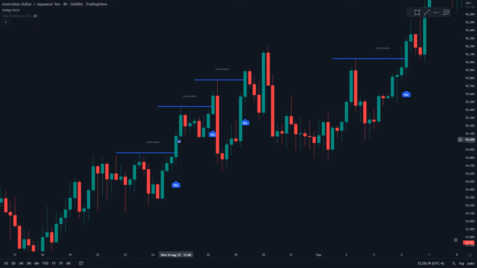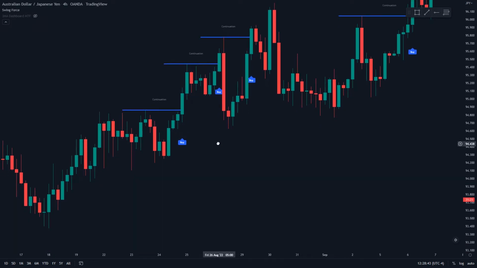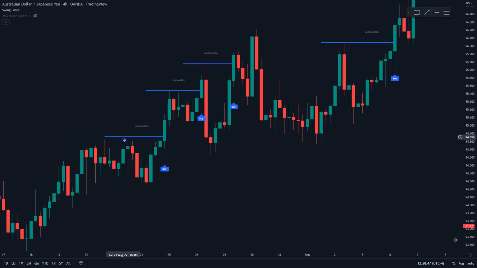This isn't going to be just a fake out and then a reversal where price falls hard. No, this is a continuation pattern, an expansion of the next leg up.